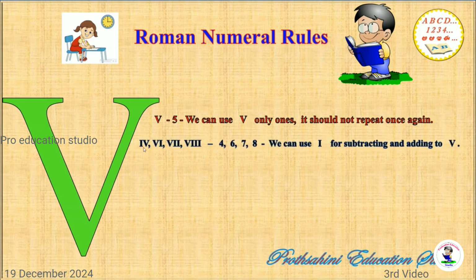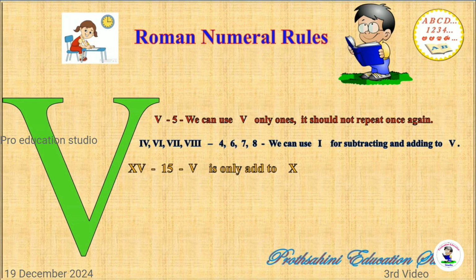It is 4, 6, 7, 8. We can use I for subtracting and adding to V. Now we will go to another point. XV is equal to 15 and V is only added to X. Now you may have a doubt: how did 15 come?